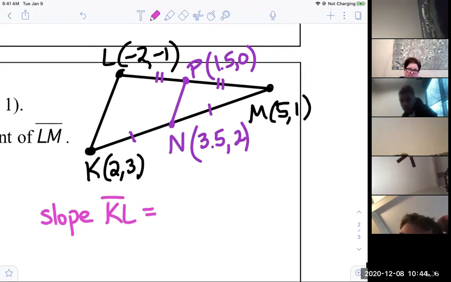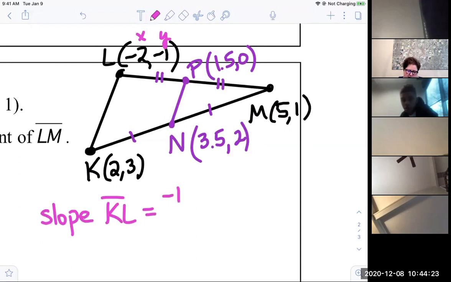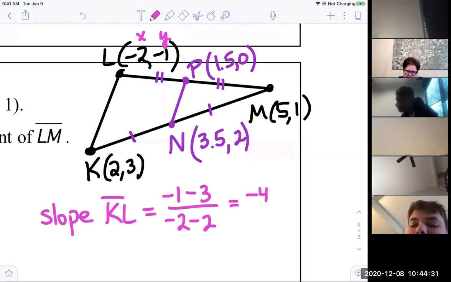Does it matter which one is Y or X? Well, yeah, it matters which one is Y or X. It doesn't matter which one you start with, though. It's always X comma Y. So subtract the Y's. Slope is -1 over -2 minus 2. Okay, so -4 over -4 gives us 1.